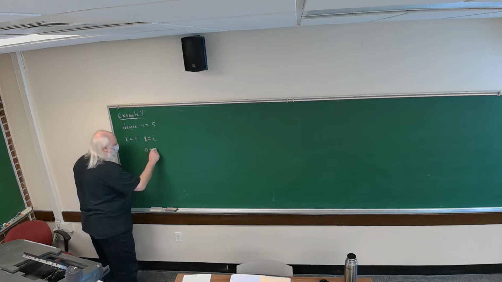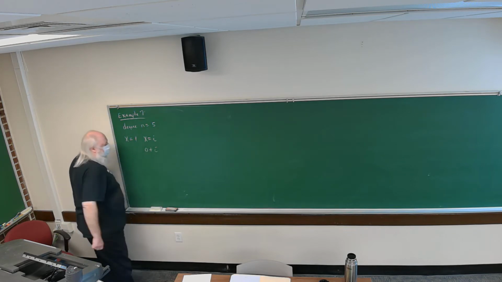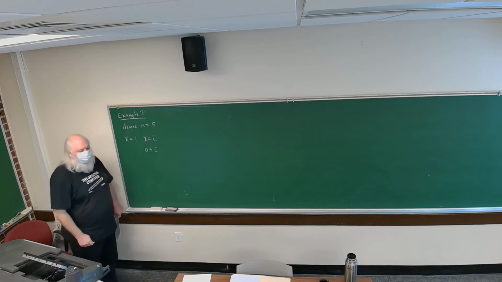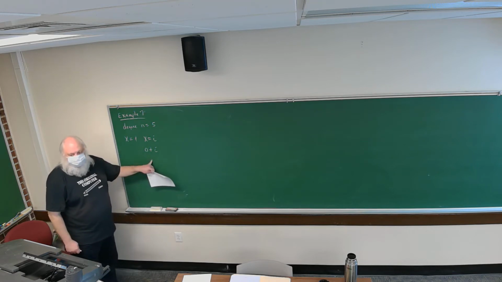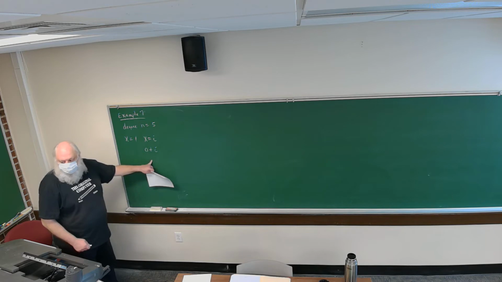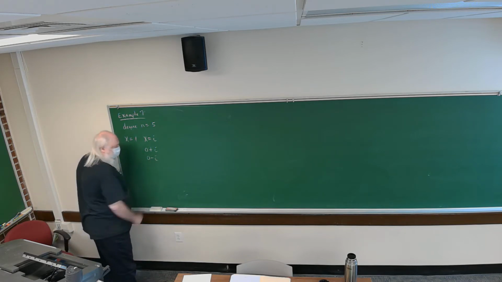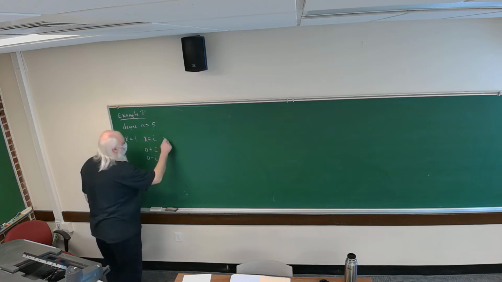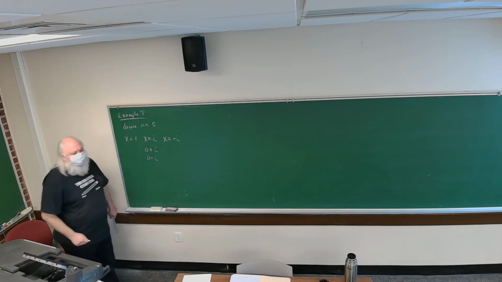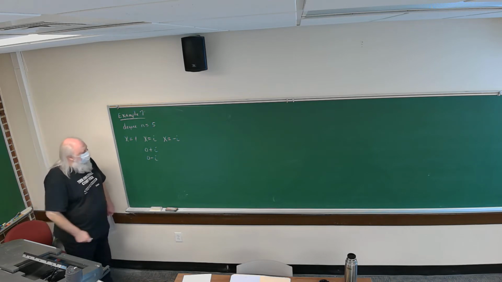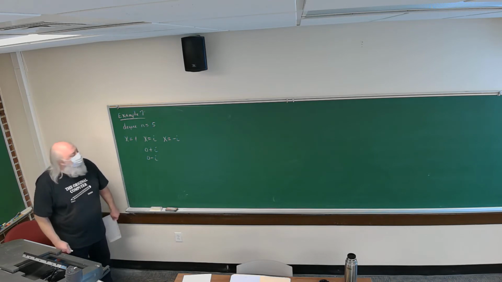So this complex number on the right can be written as 0 plus i. What's the conjugate of 0 plus i? 0 minus i, right? Which is just equal to minus i. So if x equals i is a zero of the polynomial, so is x equals minus i.